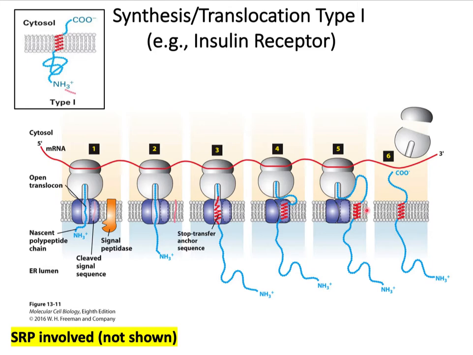As synthesis proceeds and is completed, what you end up with is the type 1 transmembrane protein, where there is a short C-terminal cytosolic face, and the majority of the protein, or the N-terminus of the protein, is found in the ER lumen, extracellular space, or Golgi. And this is the synthesis of the type 1 transmembrane protein.